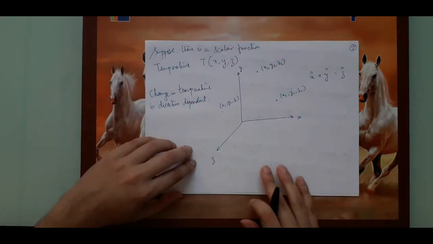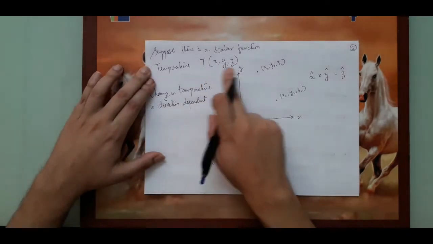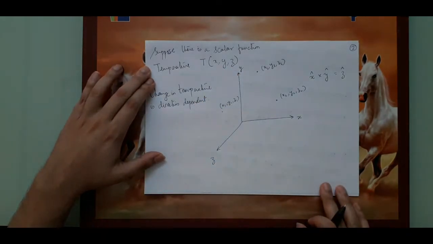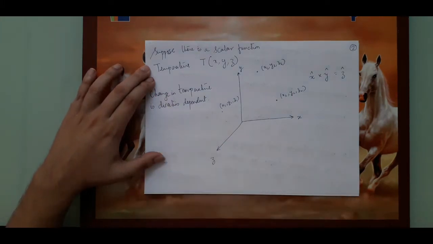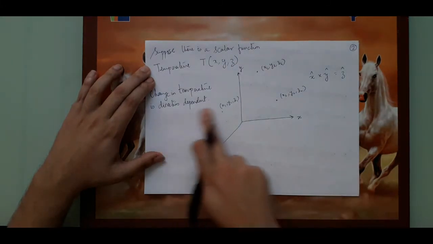We just took an example to prove that. So even though I know that the temperature function is a scalar, the change in temperature as a function of 3D space is a vector.